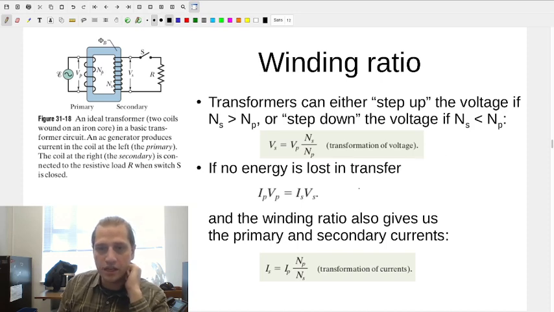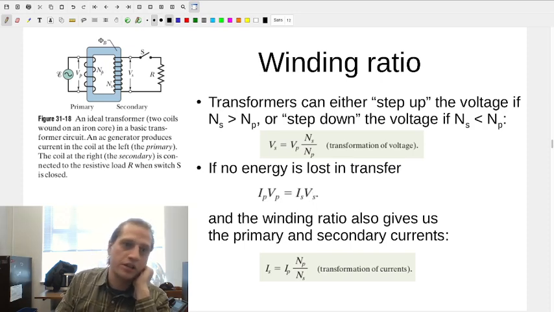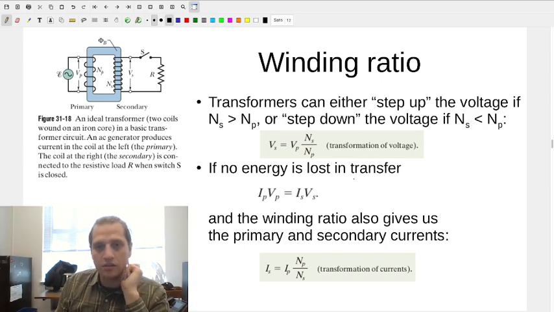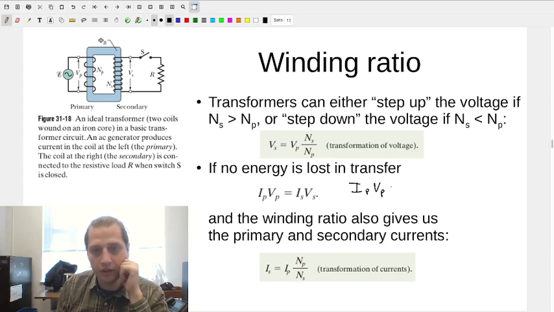Now, what's interesting is that if we have this power being the same, P equals IV, if we have the power in the primary being the same as the power in the secondary, so the energy is being transferred from this coil to that coil as you have an induced current in it, well, in that case, we can write here I_P V_P equals I_S V_S.